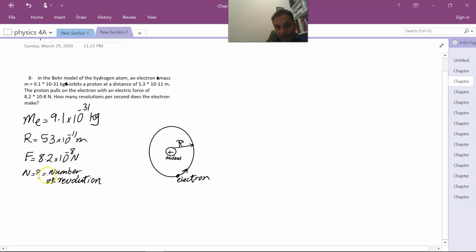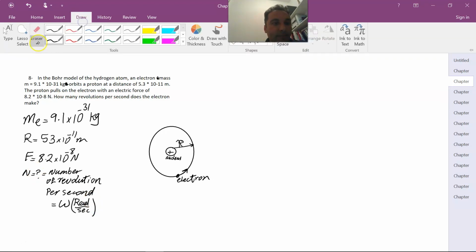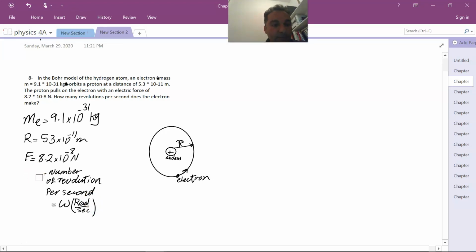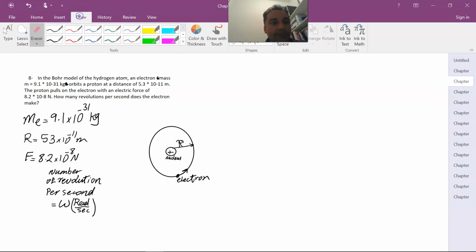When it says number of revolution per second, in reality this is same as omega. The unit is radian per second, correct? So what can we do? Let me erase this n, you will confuse it with number.